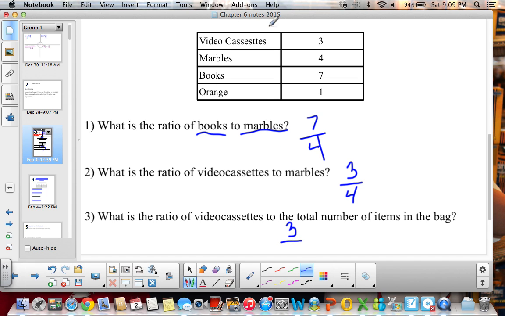And then the total number: 3 plus 4 is 7, plus 7 is 14, plus 1 is 15. So 3/15 or 3 to 15. 3 video cassettes out of all 15. We can simplify this because we can divide both 3 and 15 by 3. 3 divided by 3 is 1. 15 divided by 3 is 5. So 1/5 of the items in the bag are video cassettes.